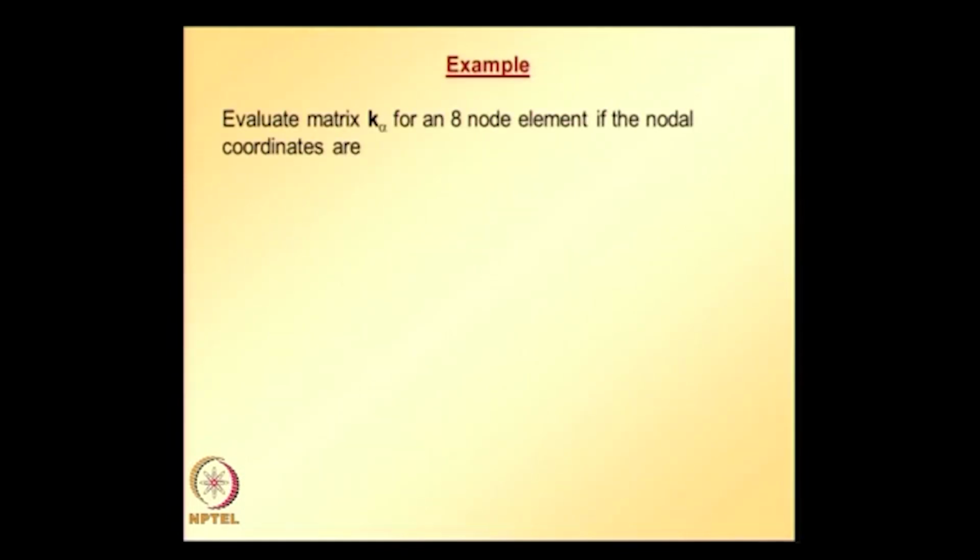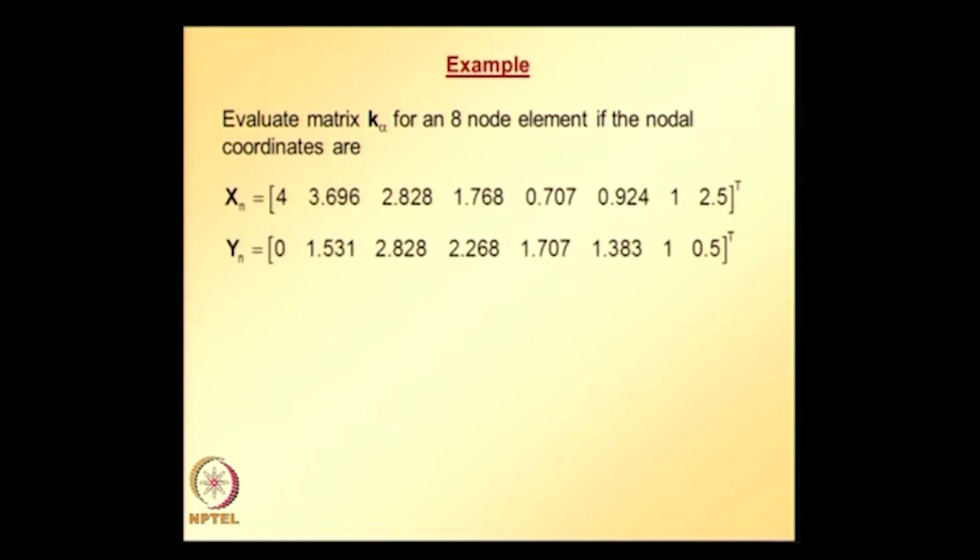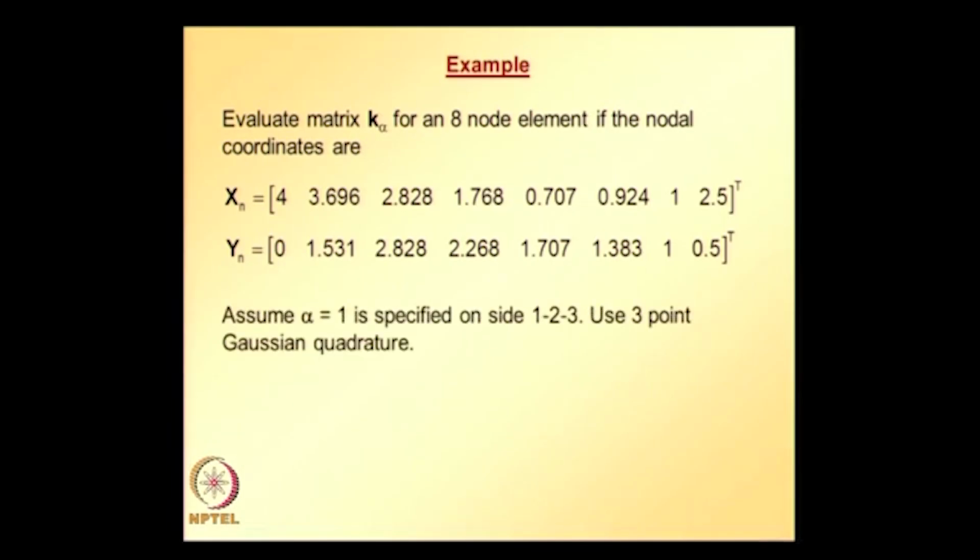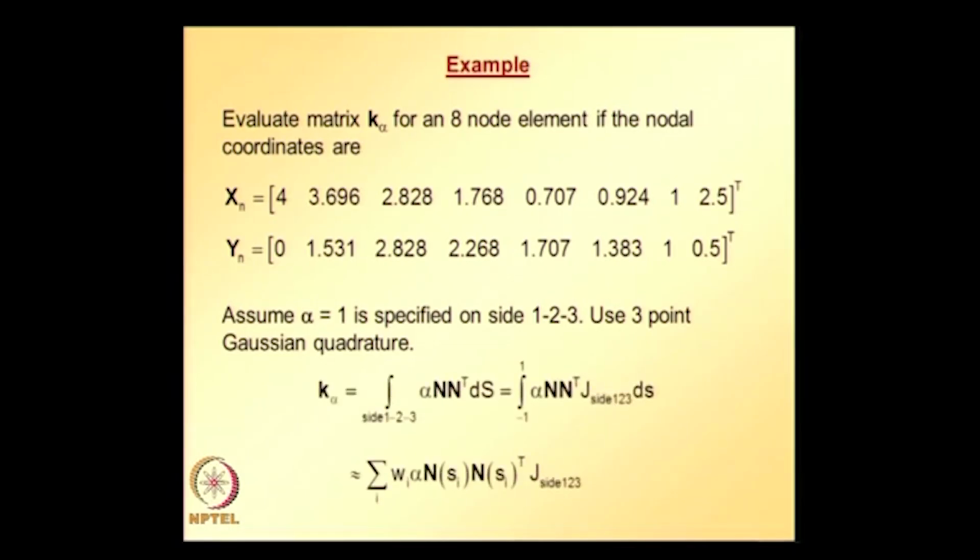Evaluate k alpha for an 8 node element if the nodal coordinates, the x coordinates and y coordinates of all 8 nodes, are given here, and assume alpha is equal to 1 along side 1, 2, 3 and use 3 point Gauss quadrature. So we require to evaluate this integral.